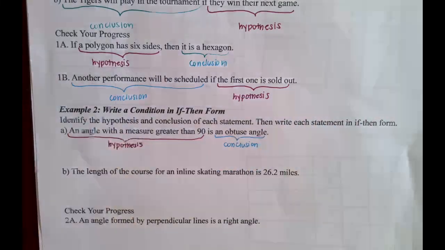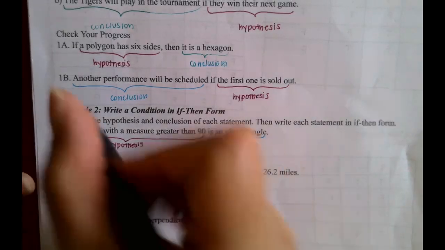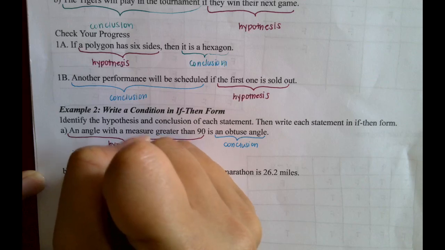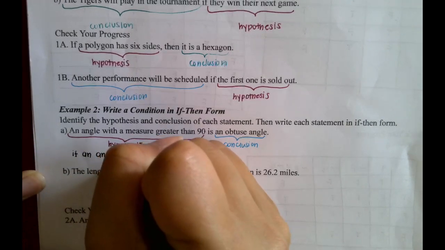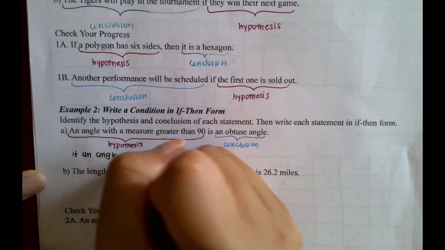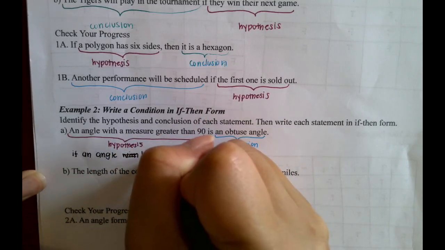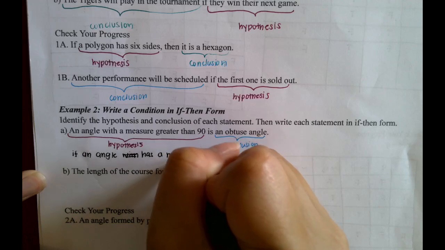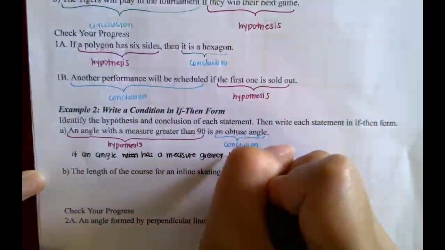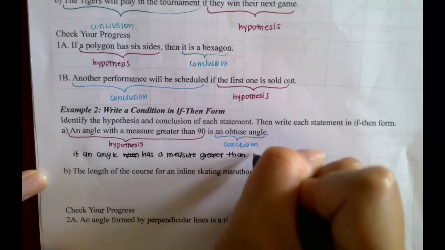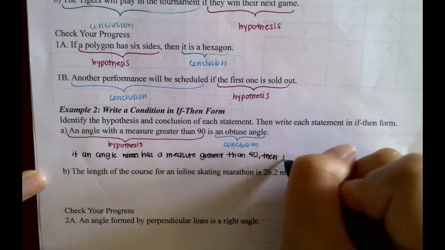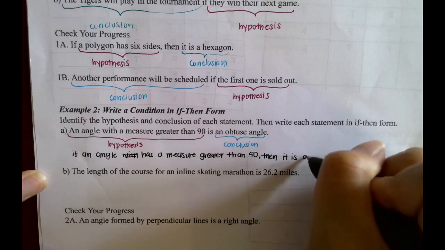So then writing my statement: if an angle has a measure greater than 90 degrees, then it is an obtuse angle.